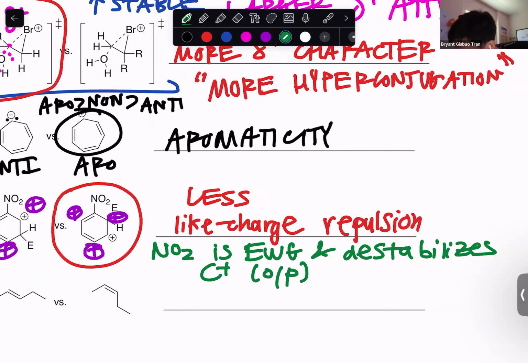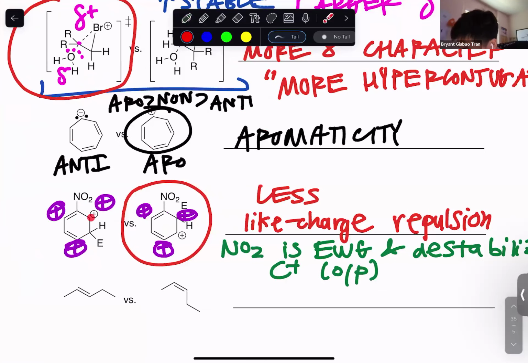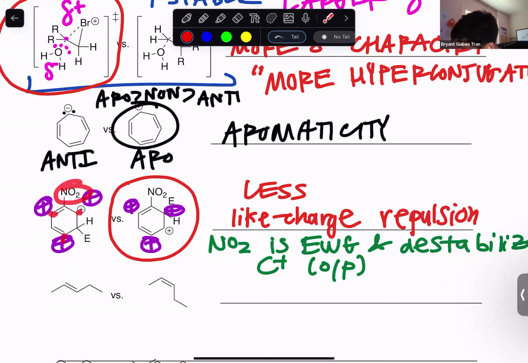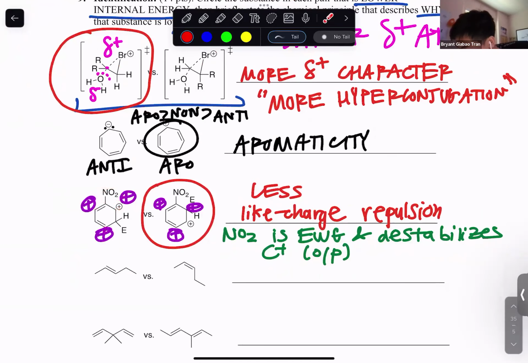Because we see they put positive charges on the ortho and para carbons relative to the EWG, which makes the positive charge less stable here, because of the like charge repulsion.